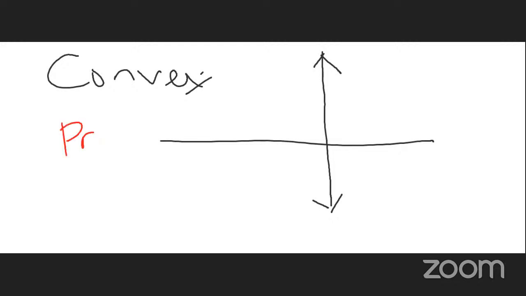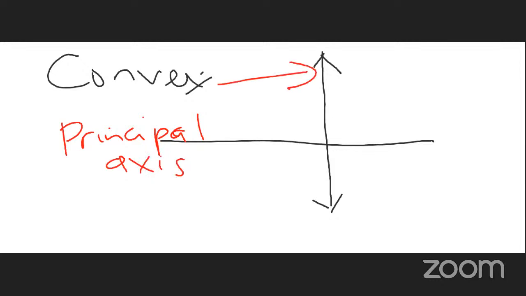Then this line is called the principal axis. And what I'm pointing to using the red arrow is our convex lens.